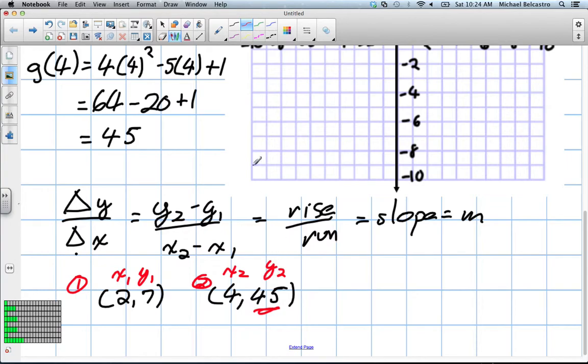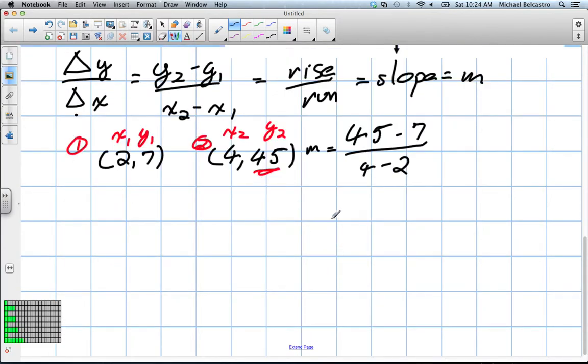So now that we have that, we go to plug in. Well, our y2 is 45. So we get 45 subtract 7 divided by 4 subtract 2, okay? And this is going to be our m. That's how I'm going to represent it. Okay, 45 subtract 7 is going to give us 38 divided by 2. It's going to give me, I think, 19 over 1. Yeah, 19 over 1.